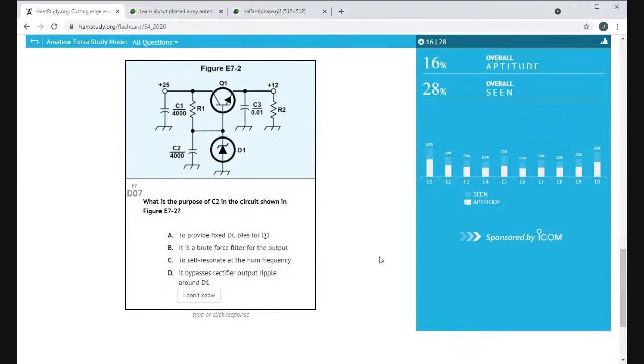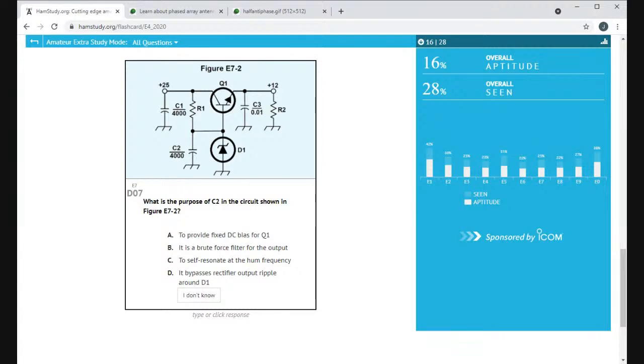What is the purpose of C2 in the circuit shown in figure E7-2? C2 is a capacitor connected to ground. A, to provide fixed DC bias for Q1. B, it is a brute force filter for the output. C, to self-resonate at the hum frequency.